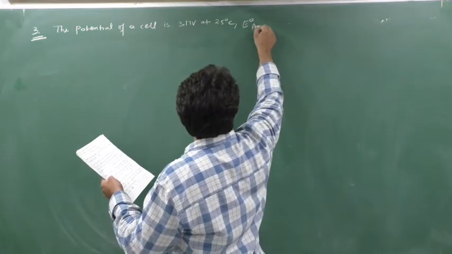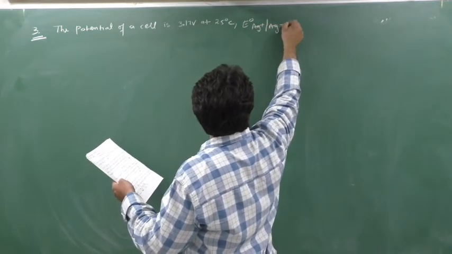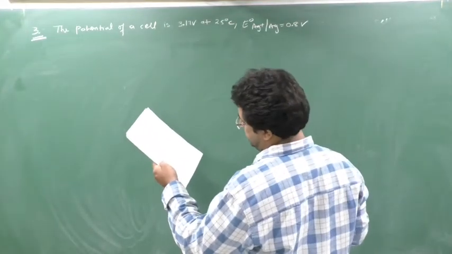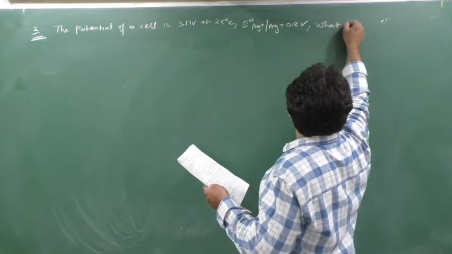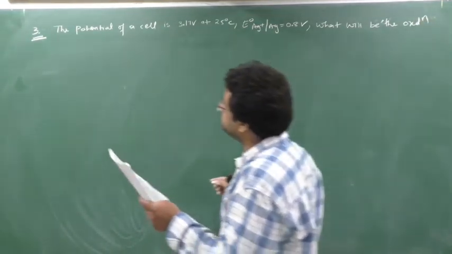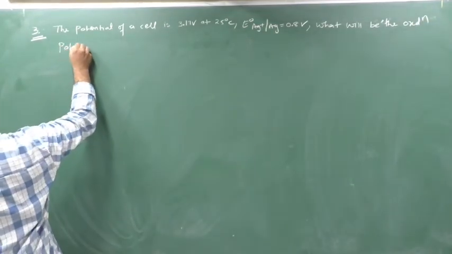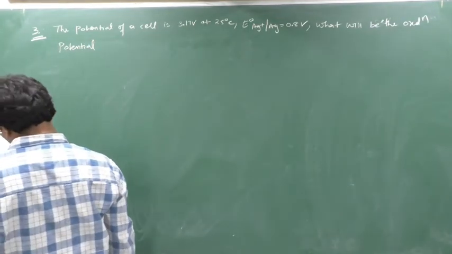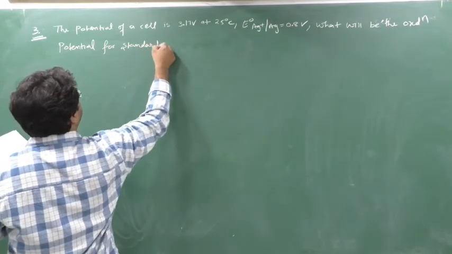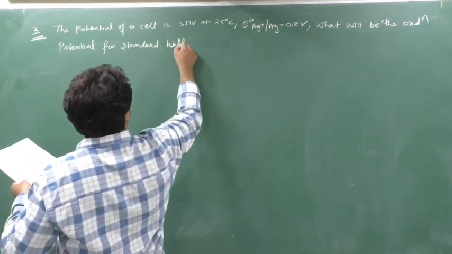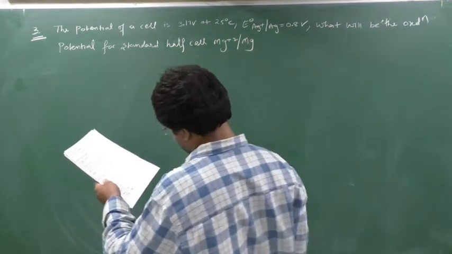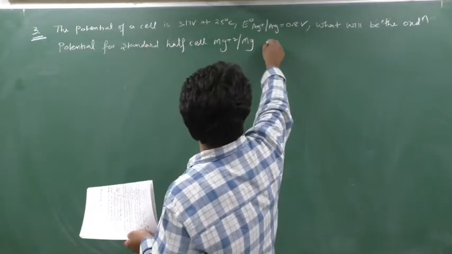So E0 Ag plus slash Ag is equal to 0.8 volt. What will be the oxidation potential for the standard half cell Mg plus 2 slash Mg for the given reaction?